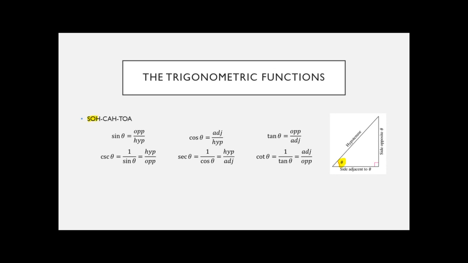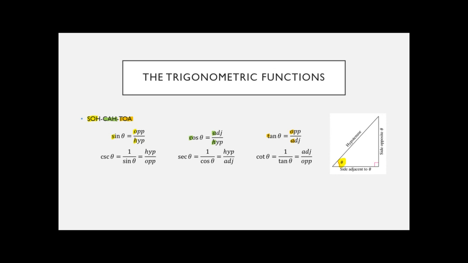So you may have heard SOHCAHTOA, and that comes from the S for sine is the opposite over hypotenuse. And then CAH deals with the cosine, and so that's adjacent over hypotenuse. And then tangent is for TOA. TOA is tangent, which is opposite over adjacent.